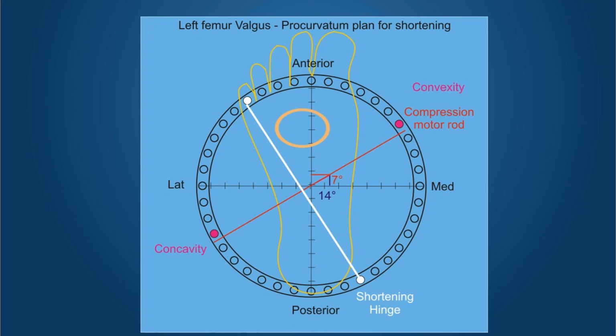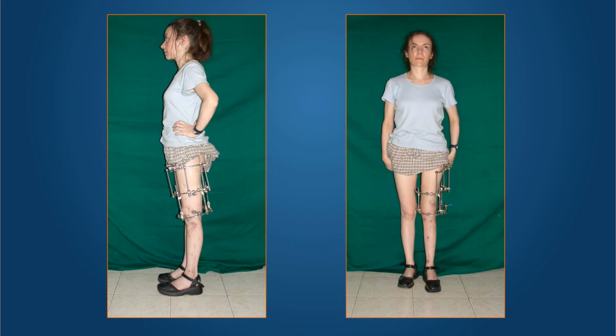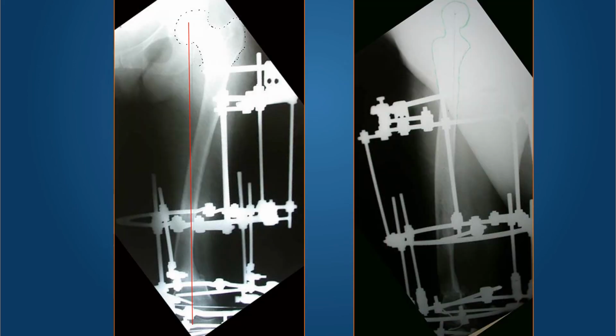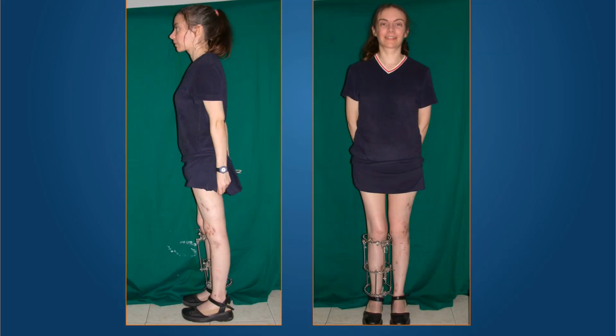The concavity is posterolateral, and the white line shows the placement of the hinges, which will help us to straighten as well as correct the deformity as well as achieve shortening. And this is exactly what was done with the percutaneous osteotomy, the exact desired result, like so.